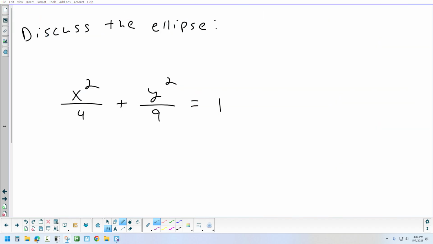All right. So now they want us to discuss the equation of the ellipse. What are the 3 letters that we always have to find when we're trying to discuss the equation? We need A, B, and C. In an ellipse, how do you know which number in the denominator is A and which one is B?